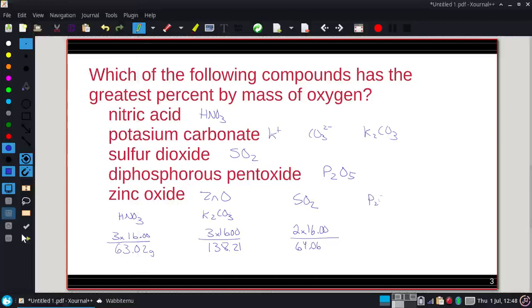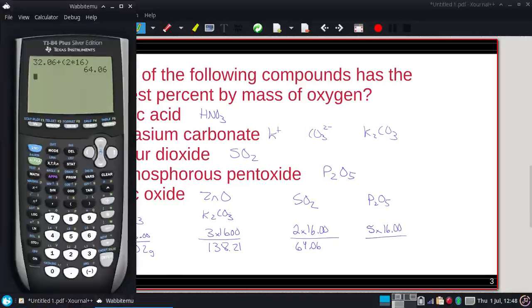And then we have our P2O5 with 5 oxygens and 2 phosphorus atoms, which is 2 times 30.97, and then our oxygens, giving 141.94.